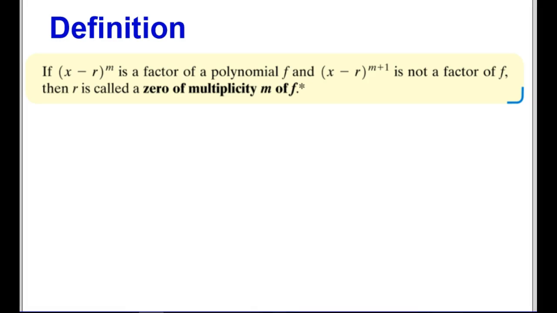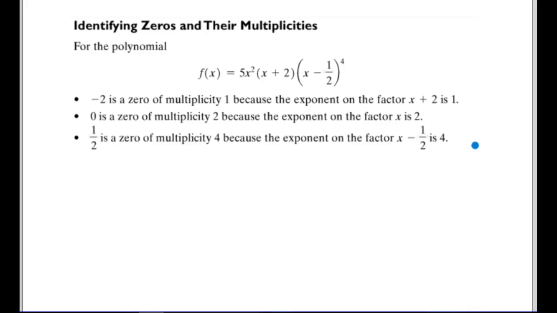Okay. So now here we're going to talk about some multiplicity. Okay, so if x minus r to the m is a factor of my polynomial, and x minus r to the m plus 1 is not a factor, then r is a 0 of multiplicity m. So let's actually see what this looks like. Okay, so here's my original polynomial. I've got 5x squared times the quantity x plus 2 times the quantity x minus 1/2 to the 4th.